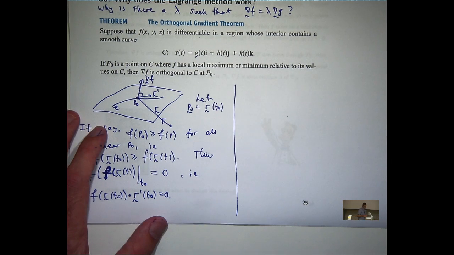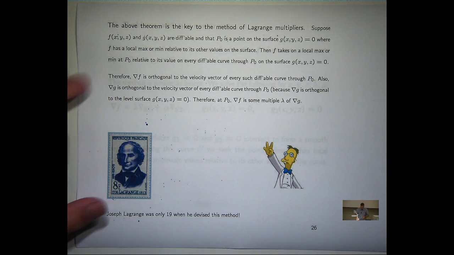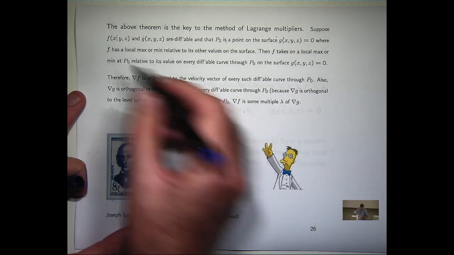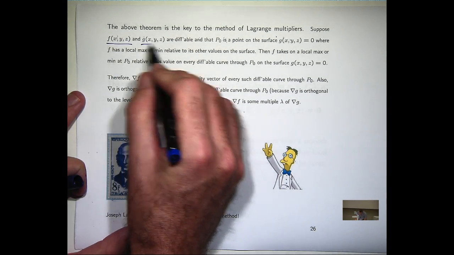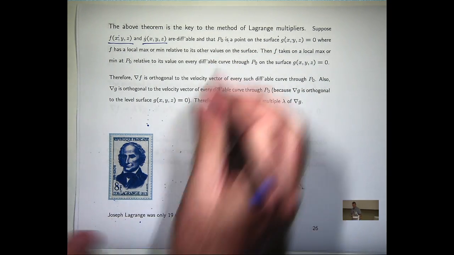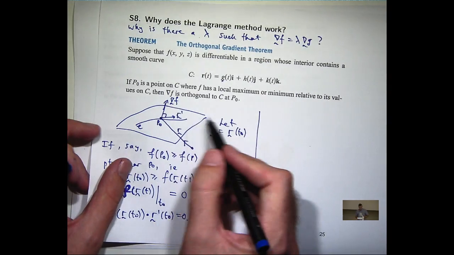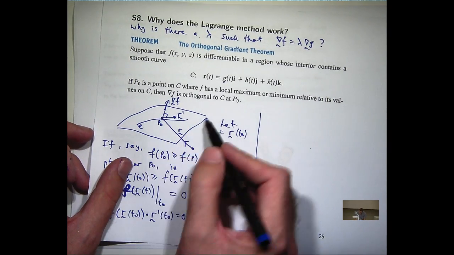But why does the Lagrange method work? Well, I'll just turn the page. I'll come back to this in a second. Now, suppose my f and my g are differentiable. And in this case, P naught is a point on the surface. So in this context, imagine this surface is just the surface g equals 0.